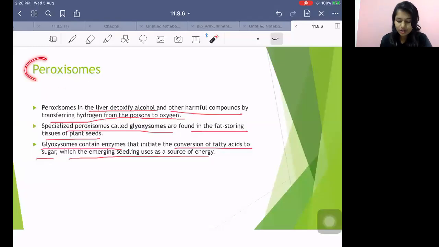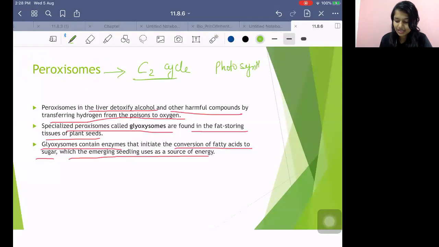What's the function of peroxisome specifically in the plant? We will be learning about the C2 cycle in photosynthesis. There is a chapter, photosynthesis, chapter number 13.